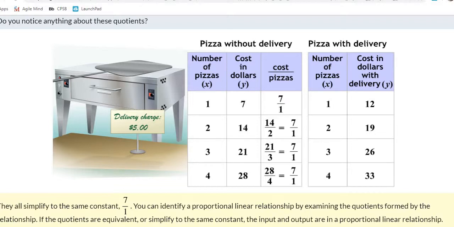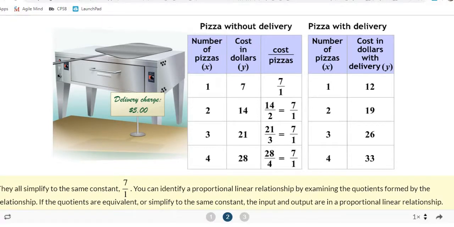Looking at the next table, could we take some guesses as to if those quotients will be equivalent or constant? No. Okay, we're thinking no. Anybody thinking yes?